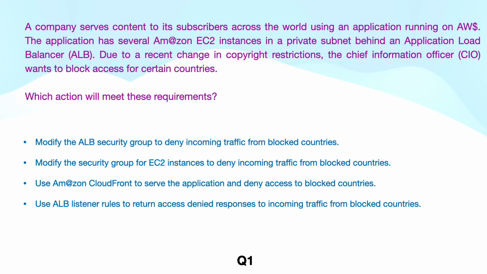So, which action will meet these requirements? You can think of the right option out of these four. The important thing is the blocking of access for certain countries. That is talking about certain countries only. I'll give a pause here so that you can guess the right answer.